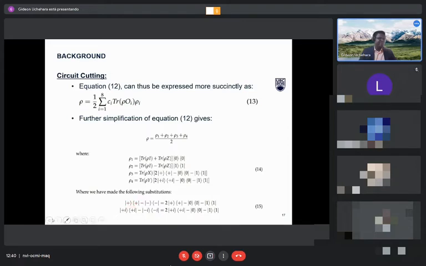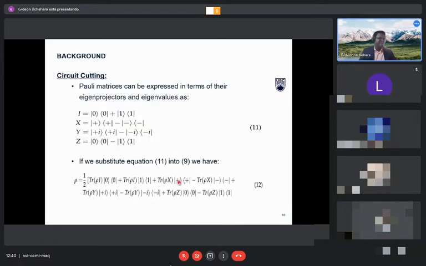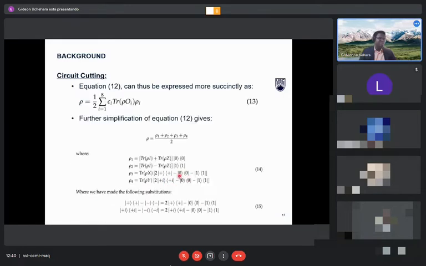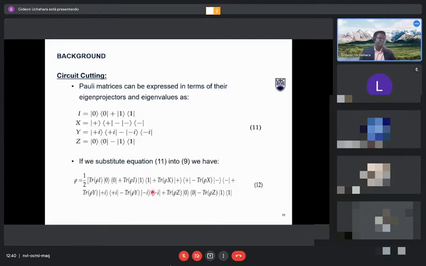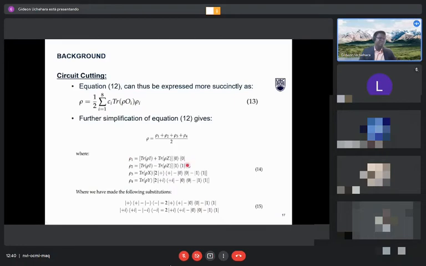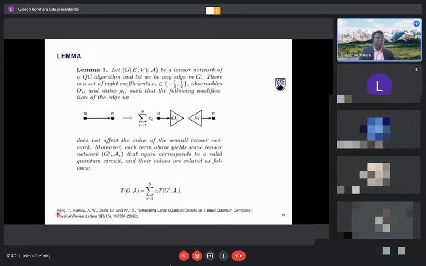For X and for Y, if you see here, we don't have the minus state and the minus i state anymore in this case. The reason is because of this substitution that we made into this equation, and that's what resulted in this. So just to emphasize that.